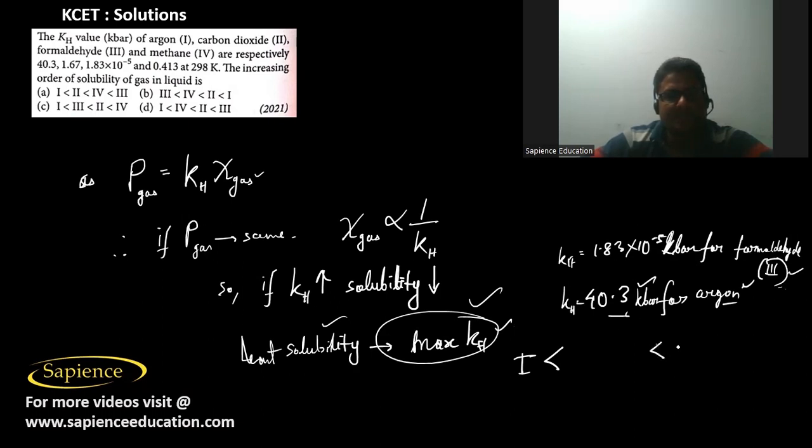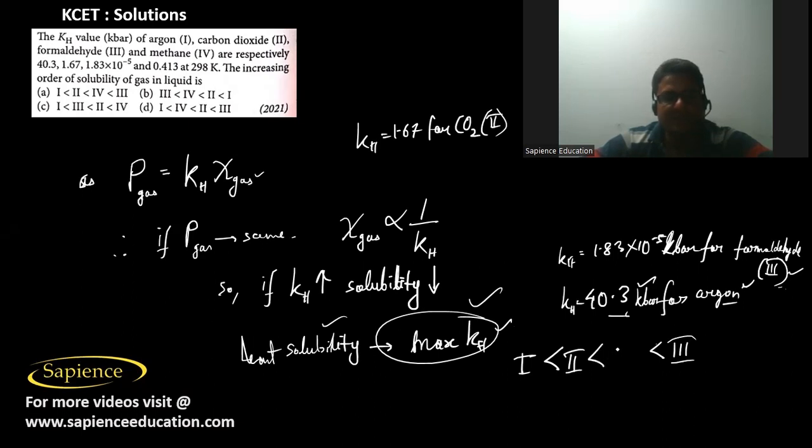So the third one should be at the last. Then the KH value is 1.67 for carbon dioxide, the second one. So the second one will have slightly higher solubility than the first one, which is argon.